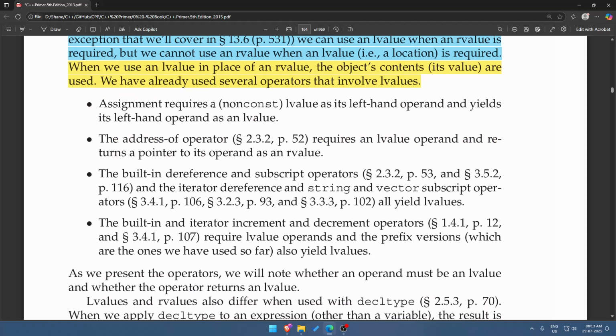Assignment requires a non-const L value as its left operand and yields its left-hand operand as an L value. The address-of operator requires an L value operand and returns the pointer.